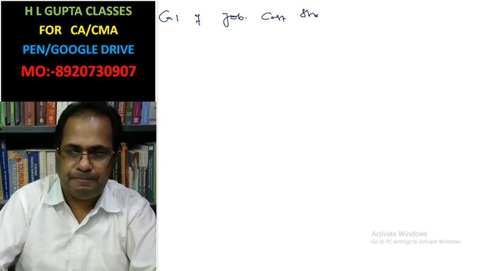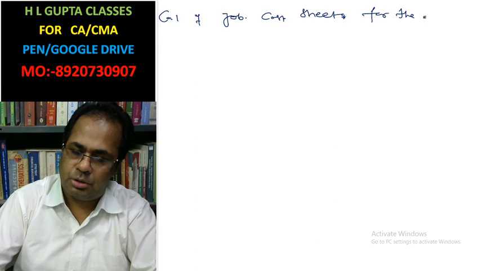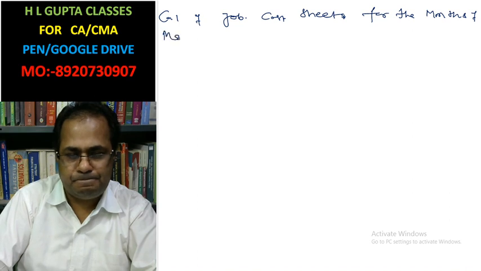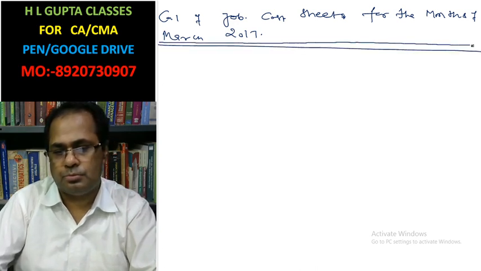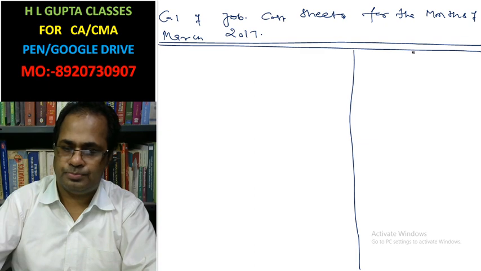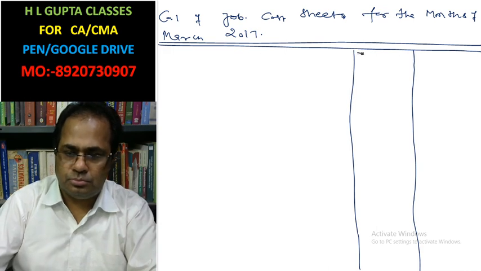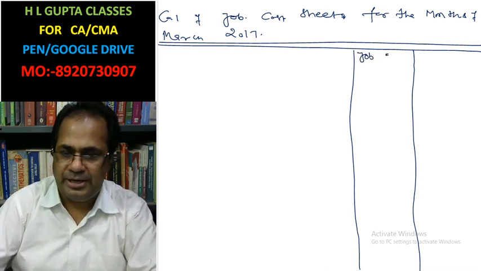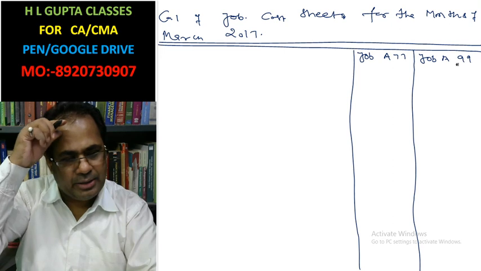Job cost sheets for the month of March 2017. You have two jobs, job A77 and job A99.